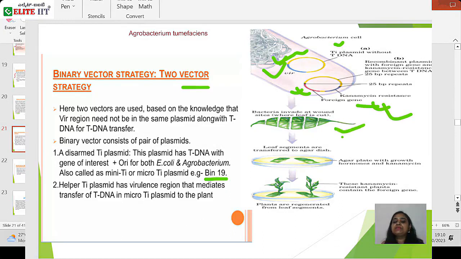In this case, if you cut leaf pieces and put them on the media agar plate with growth hormones and kanamycin, then only the recombinant strain will grow, right? Because the gene of interest is attached, and the kanamycin resistance gene is attached with that. So they will grow, and these kanamycin resistant plants contain the foreign gene. Okay, in this way it is happening.